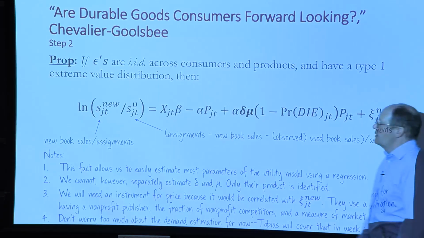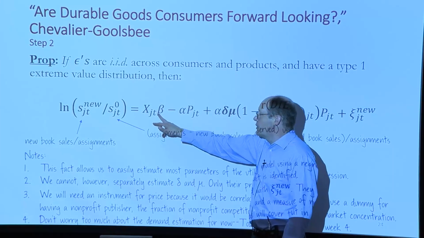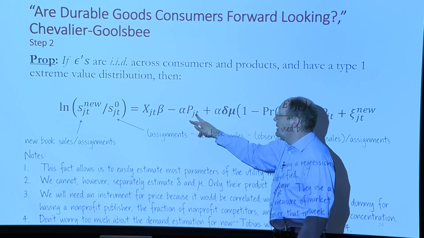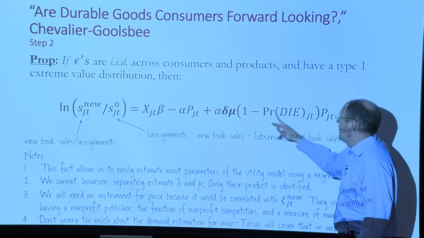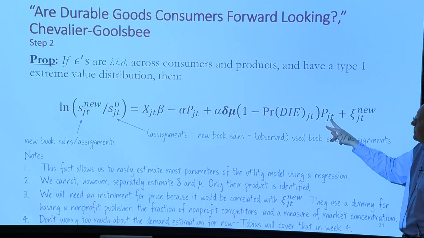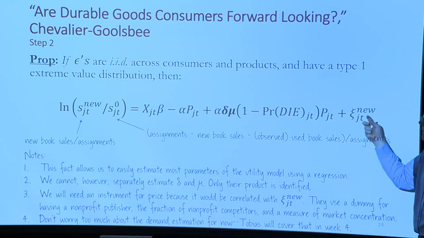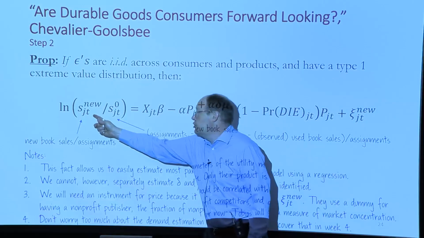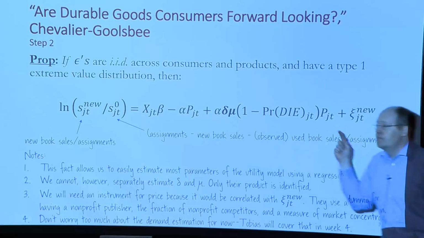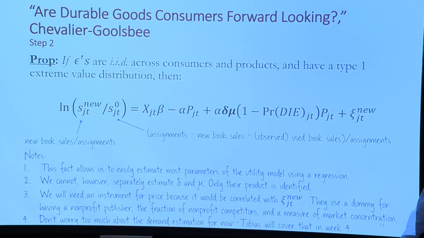So it is book characteristics times the effect of book characteristics on utility, minus alpha times the price, plus alpha delta mu times the probability that it doesn't die times the price, plus this thing that was the unobserved product quality, which becomes the error term if you're regressing new book sales on book characteristics and prices.